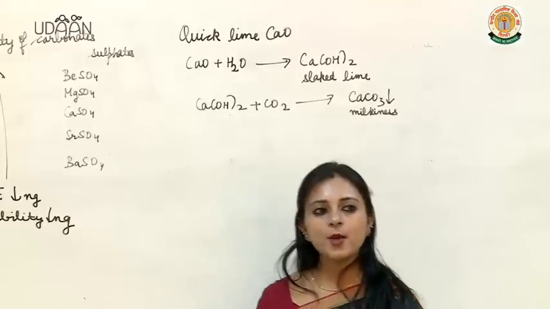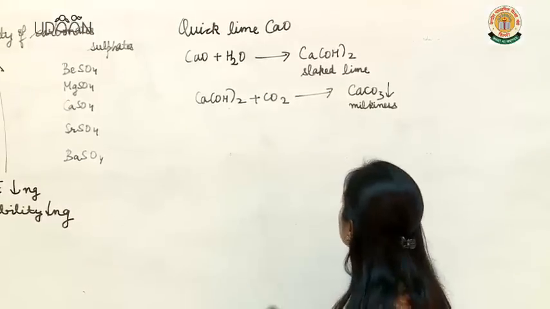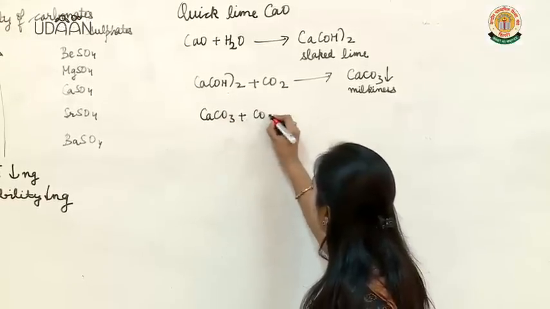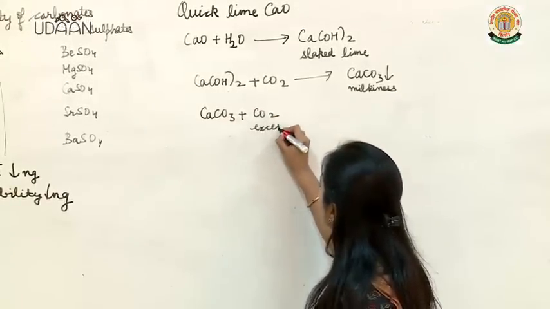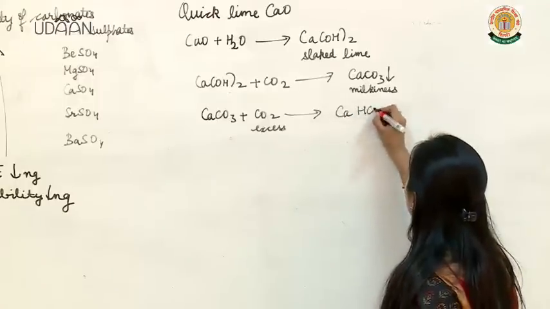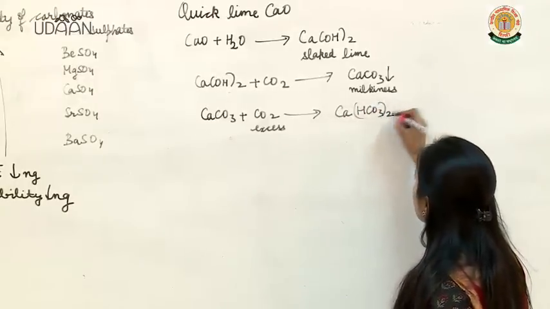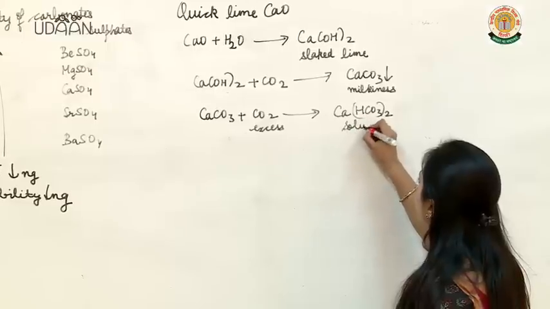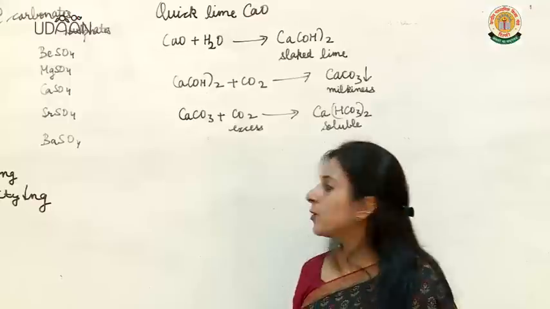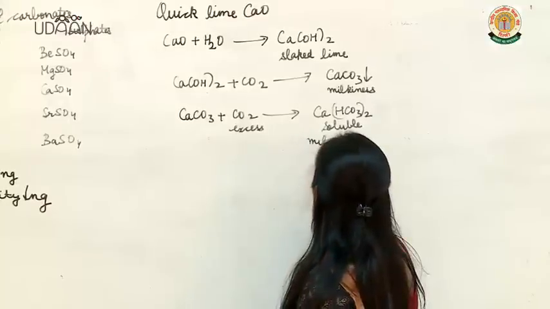And when we pass excess of carbon dioxide to it, we say that milkiness has disappeared due to the formation of soluble calcium bicarbonate.